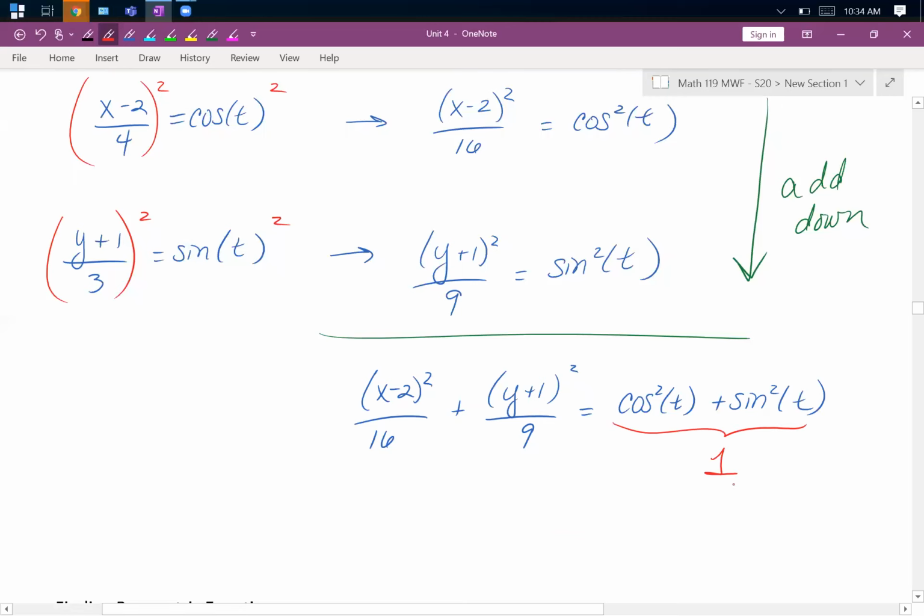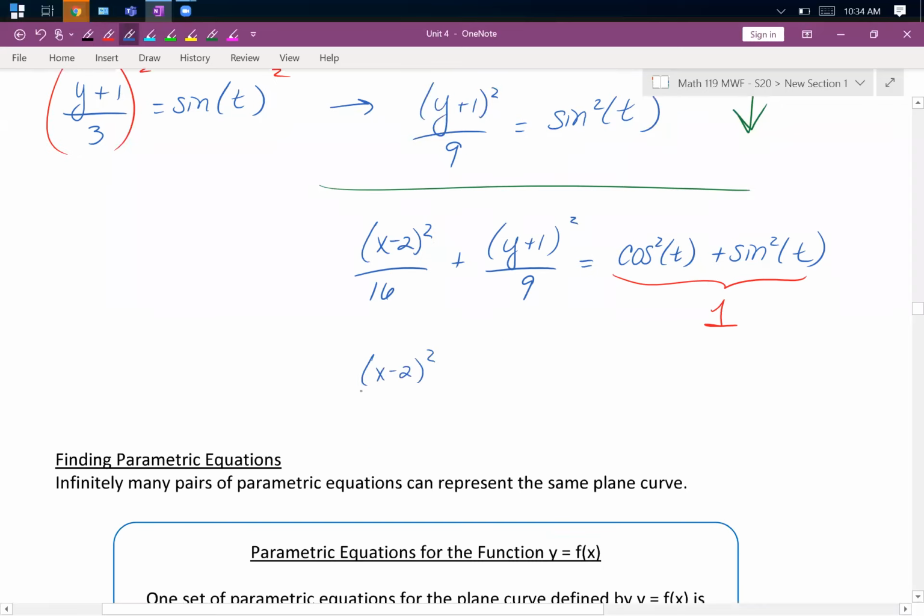But like I said, these could involve tangent and secant, so you might end up with that Pythagorean identity to deal with, or cotangent and cosecant. This becomes (x minus 2) squared over 16 plus (y plus 1) squared over 9 equals 1.